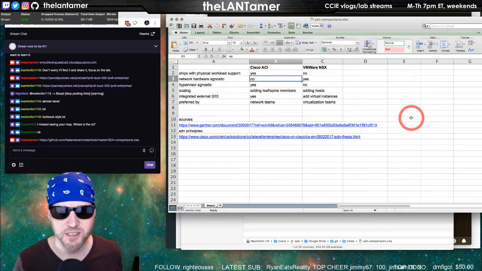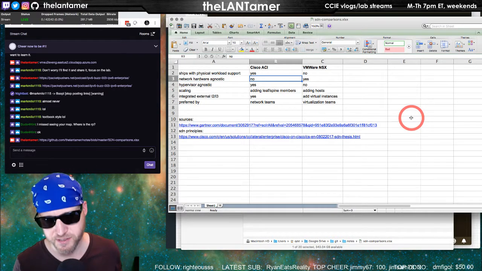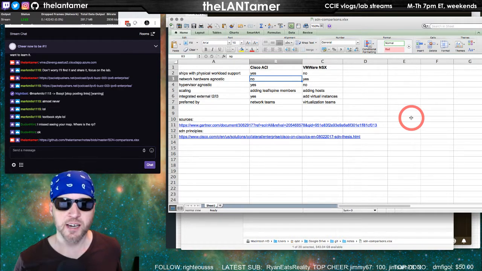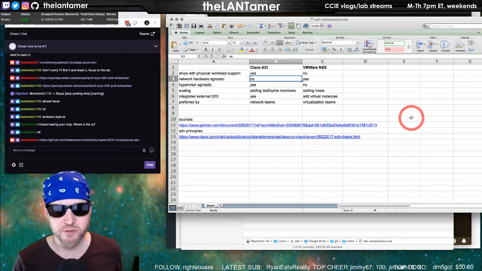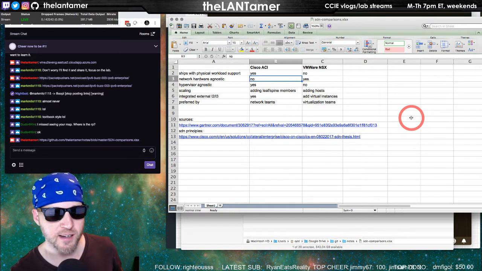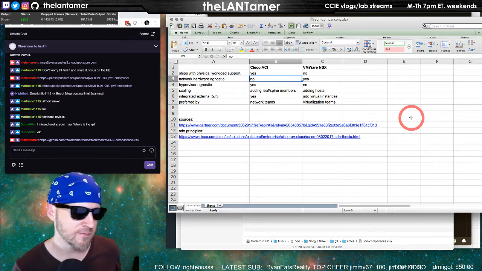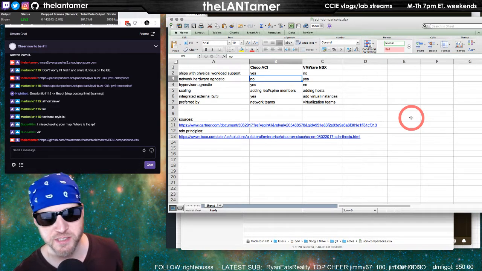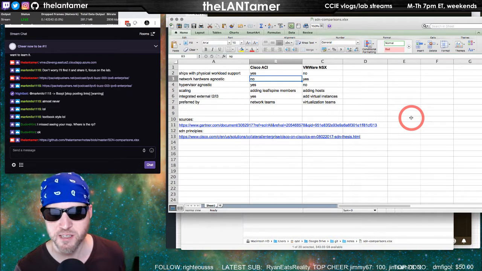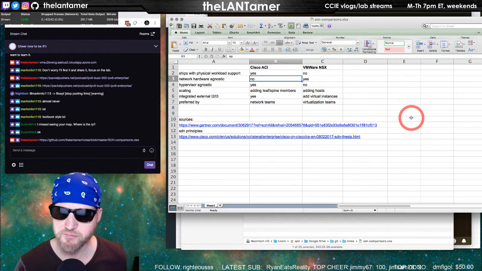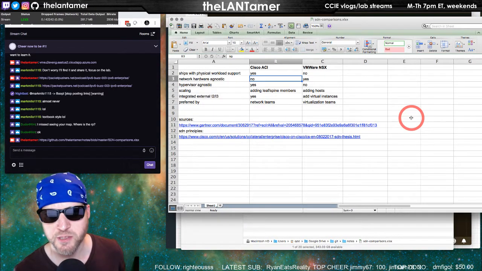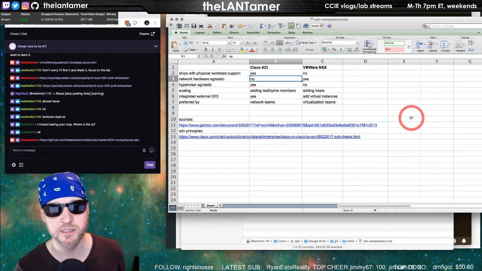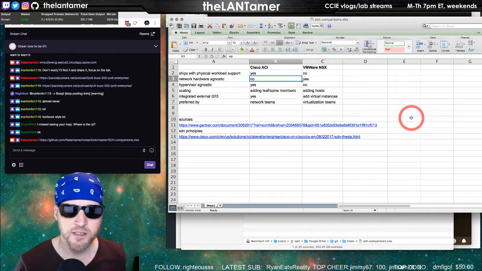Network hardware agnostic, Cisco ACI, that is not the case, of course. So you have to have certain Cisco routers and switches to support ACI, right? You got to have Nexus 9K. You can't have Nexus 5K, at least not that I'm aware of. VMware NSX will work with quite a variety of different vendors.